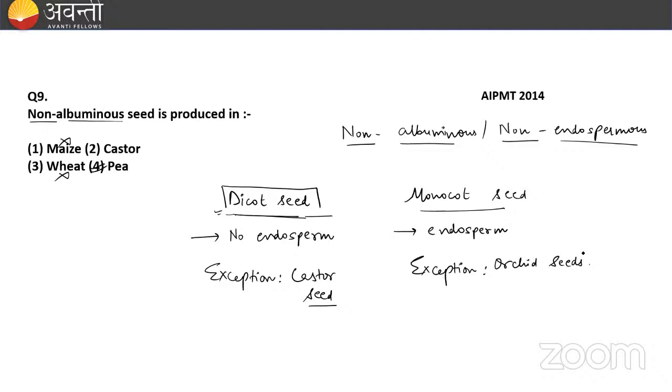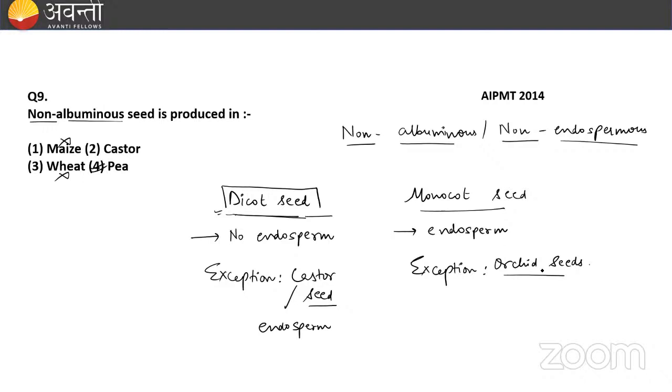Now see students, I told you that in dicot seed, no endosperm is found, as the endosperm is completely utilized by the embryo. But the exception is the castor seed. Castor is a dicot plant, they are dicot seeds, but in castor you will observe endosperm.